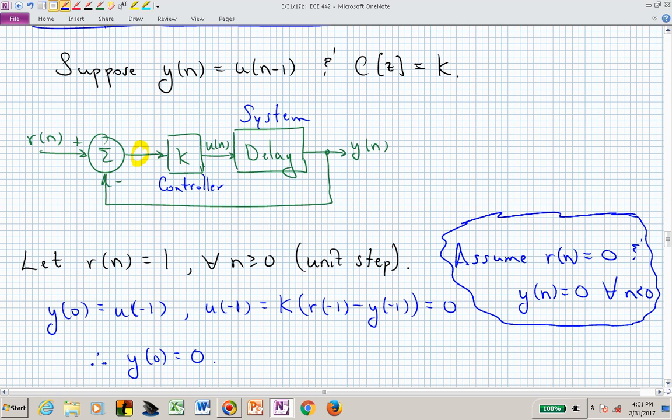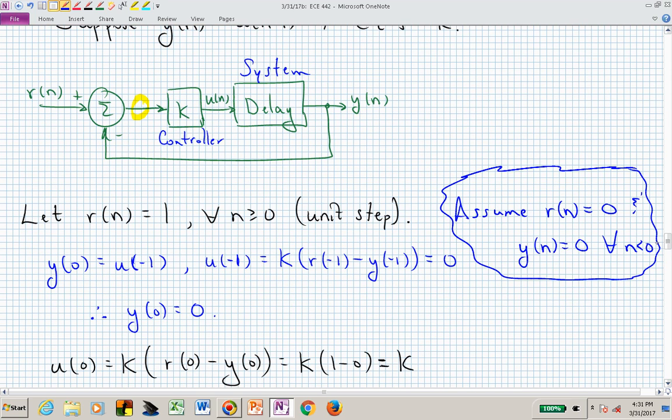So y at 0, if the system was initially unenergized, is 0, even though we've hit the system at time 0 with a magnitude of 1 for the reference input. So we would expect the output y to start moving a little bit. But remember, there was a one-step delay.